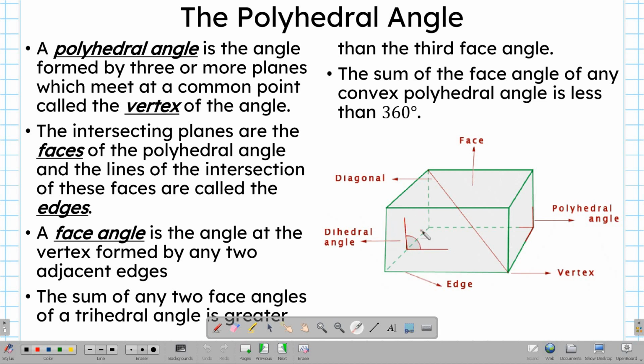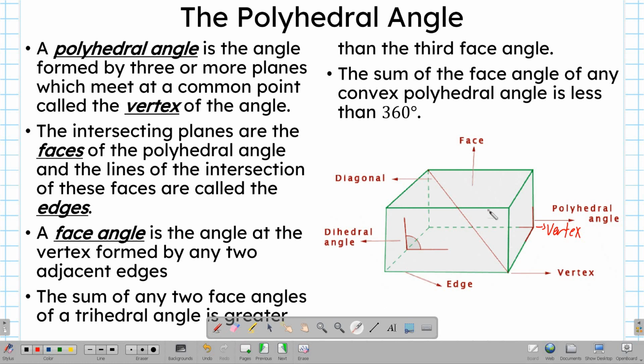But a polyhedral angle is now the intersection of this plane here and the one at the bottom. They form a polyhedral angle. They meet at a common point, which we call the vertex.